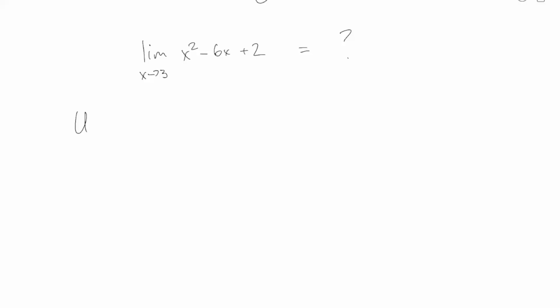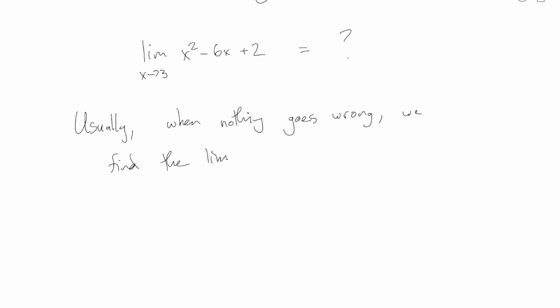So I will say usually, when nothing goes wrong, we find the limit by what our book calls direct substitution.